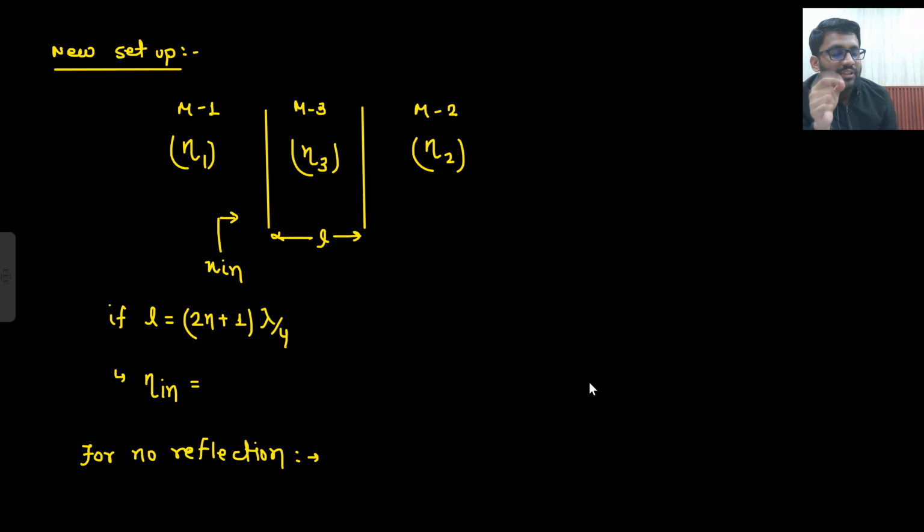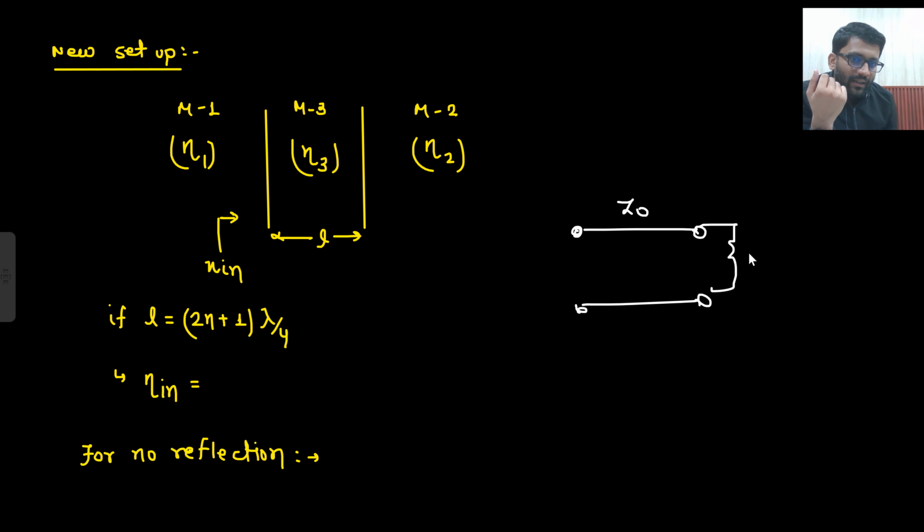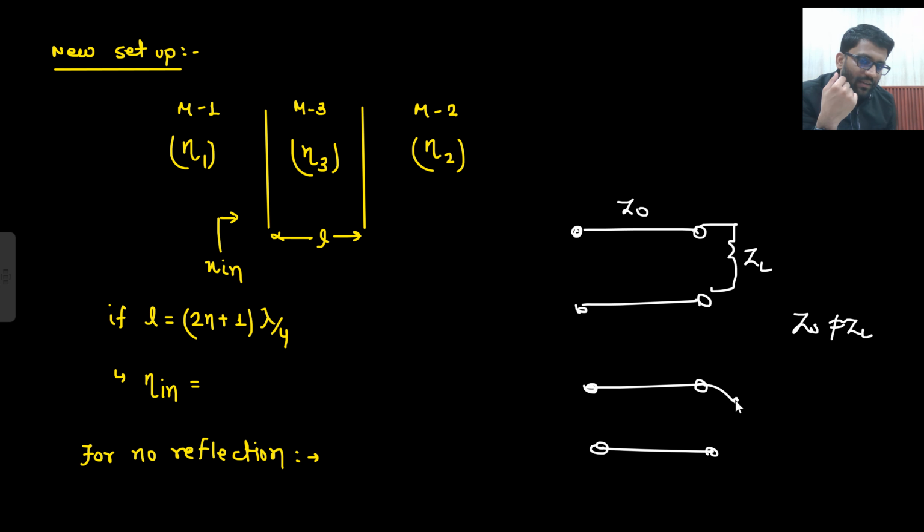Do you remember the concept of impedance matching in transmission line? This was your Z0, this was your ZL. If Z0 was not equal to ZL, what did we used to do? We used to introduce another transmission line, and then connect this ZL here. This was having some Z0 dash impedance.